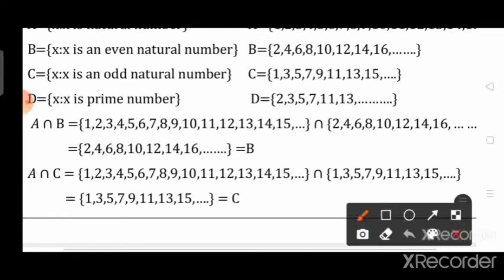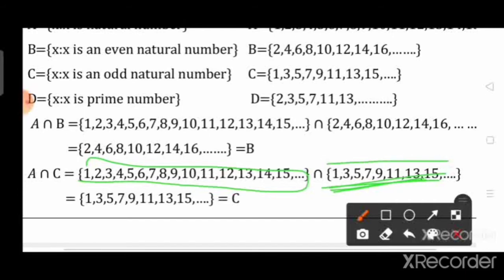Now A intersection C. These all are the natural numbers, set A, and these all are the odd natural numbers, set C. We have to find the intersection. To find the intersection, we have to write common elements, elements which should be present in both sets.